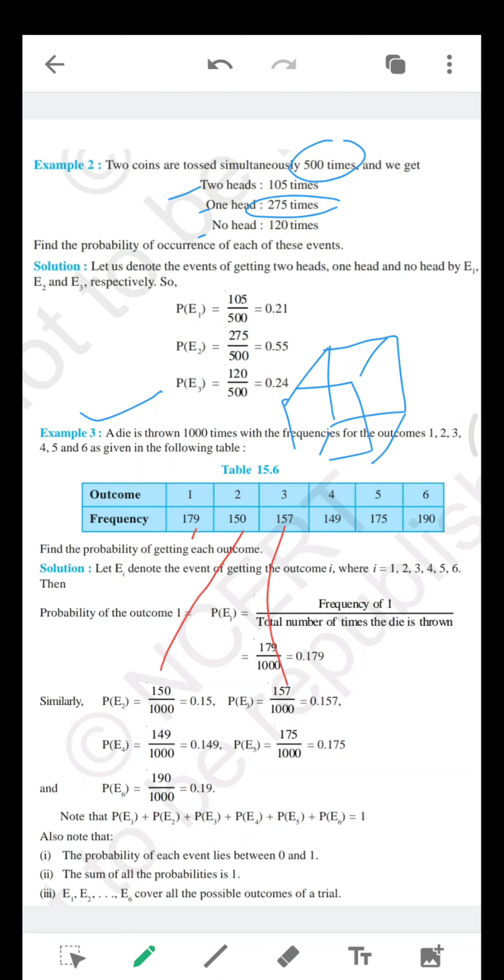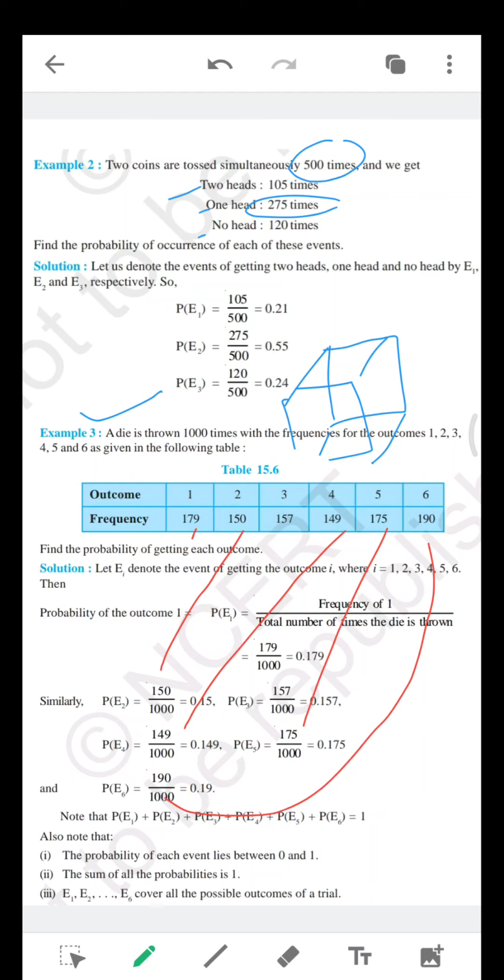Then E4, 149 by 1000. Then E5, 175 by 1000, and the last is 190 by 1000.